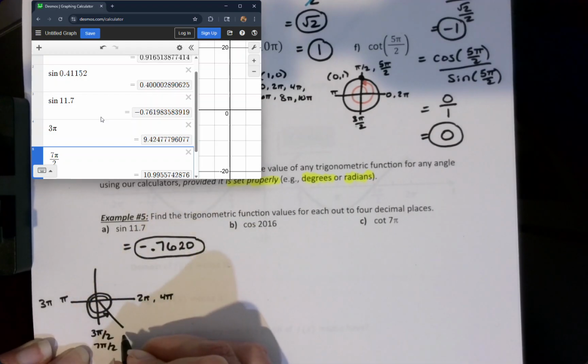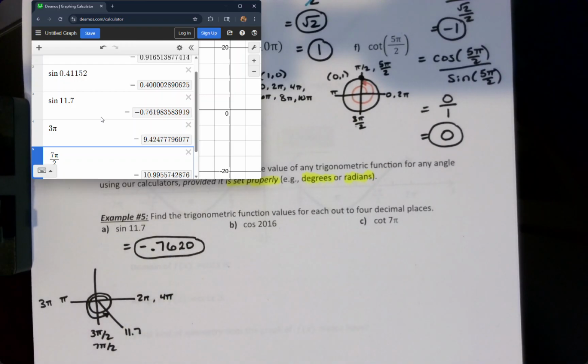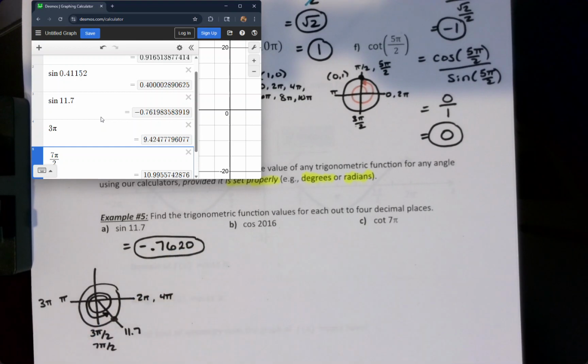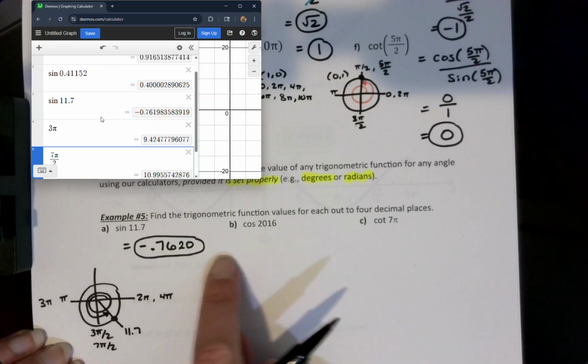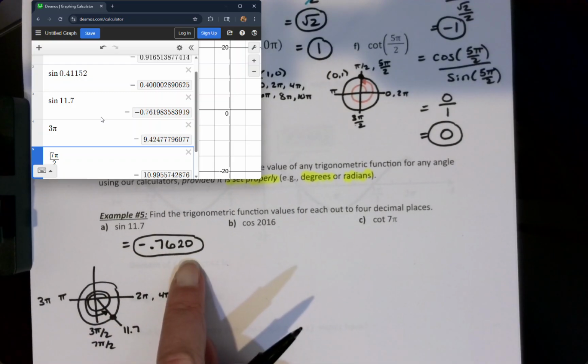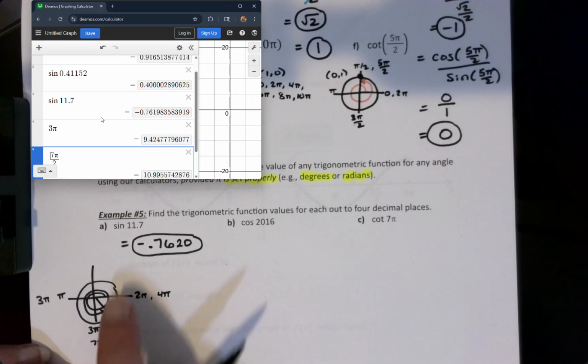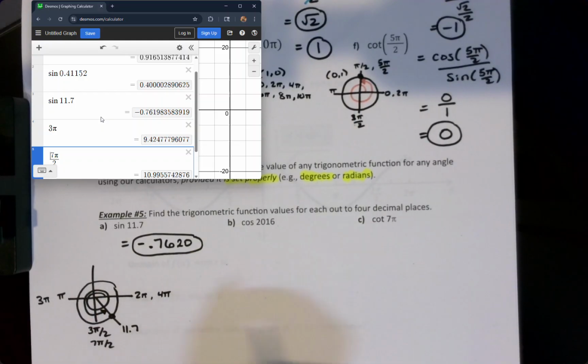So this is where the angle 11.7 is. So on the unit circle, that angle would have a y coordinate that is negative. So just a verification, when you get a value right here, does that seem to be in the ballpark? Should have a negative y value? Absolutely. A y value of negative 0.762 sounds reasonable.